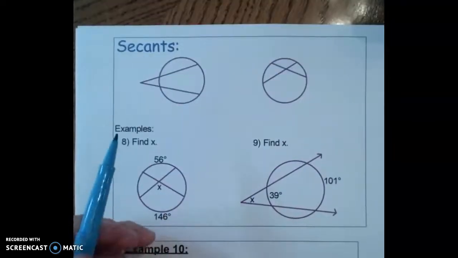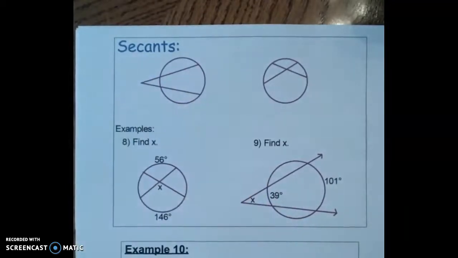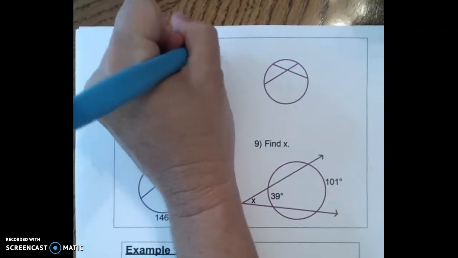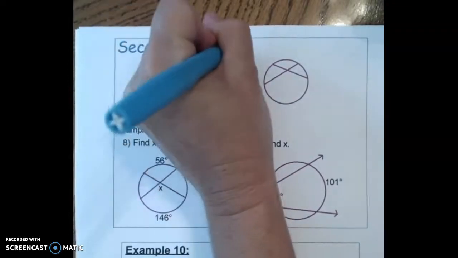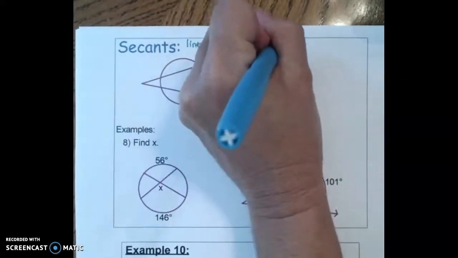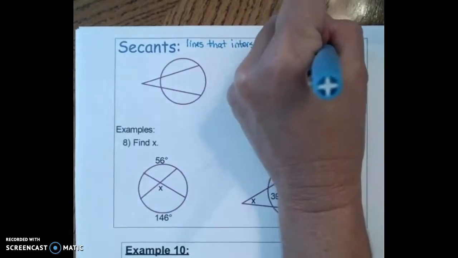So now we're going to start talking about secants, which was the other segment in the circle. And secants are lines that intersect a circle at 2 points.